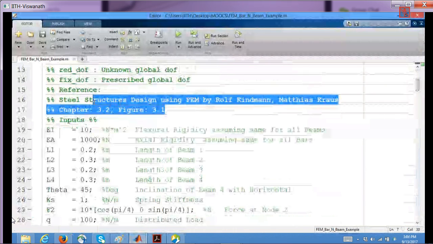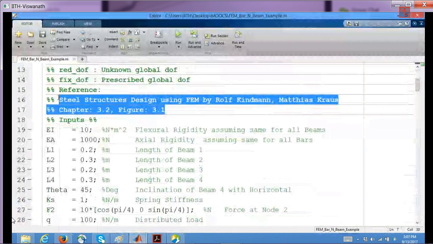This is the example taken from this reference, Steel Structure Design using FEM by Rolf Kindmann, but you will not find the code. He might have just solved this problem in an example, but I have taken that example and tried to solve it through finite element, because ultimately you want to learn the finite element method with a numerical example and how to get through it. I have already written the code, so I will go through it in detail.